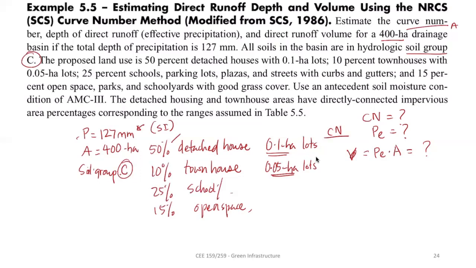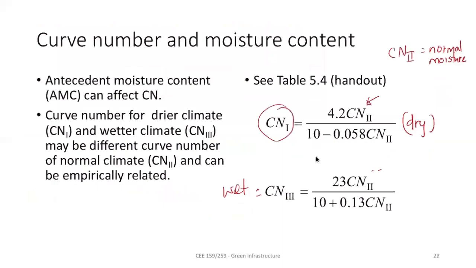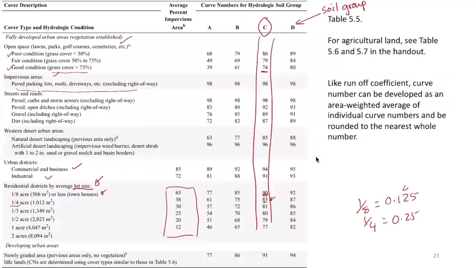If you calculate that value, let's see. Let's say first one, 50% detached house, 0.1. So this is the housing. If you go back to the original method here, this is the one you have to use. Lot size, it says the lot size is 0.1 acre, given as 1/8 acre, 1/4 acre.